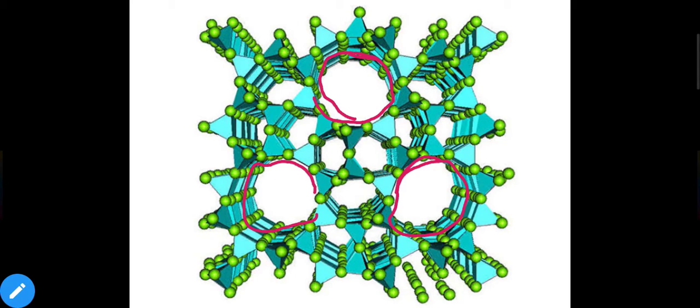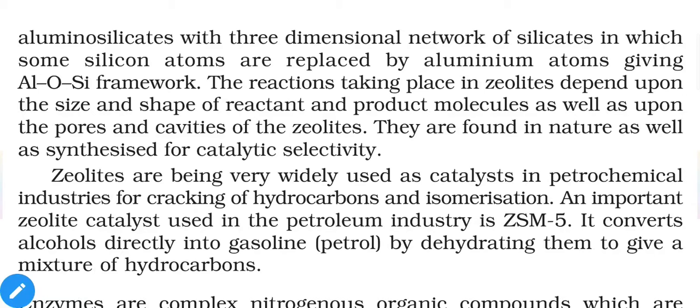For example, suppose molecules are passing through this smaller hole, so this will be our product size, and if they are passing through this larger hole, then this will be our product. So these catalytic reactions depend on size.